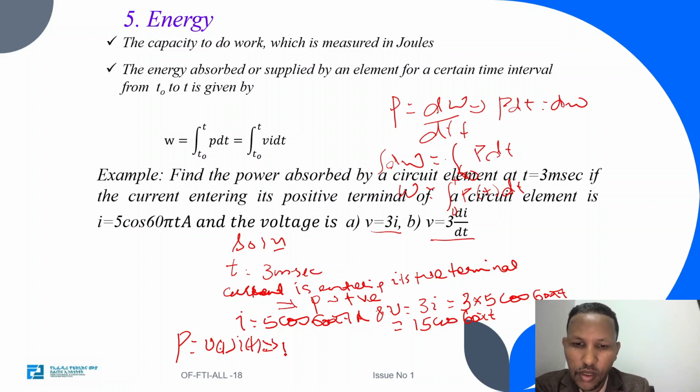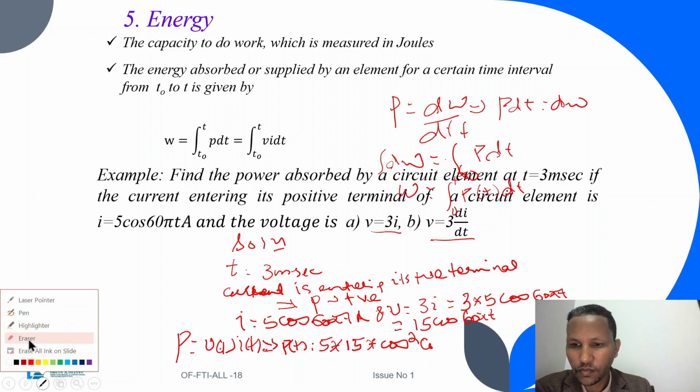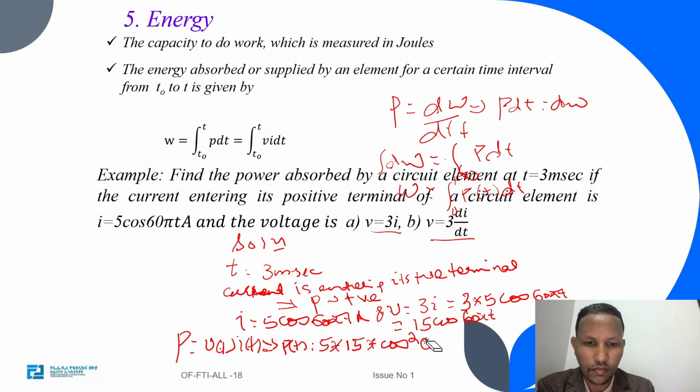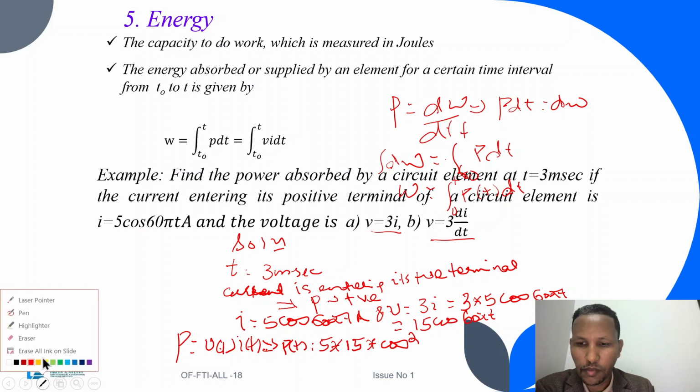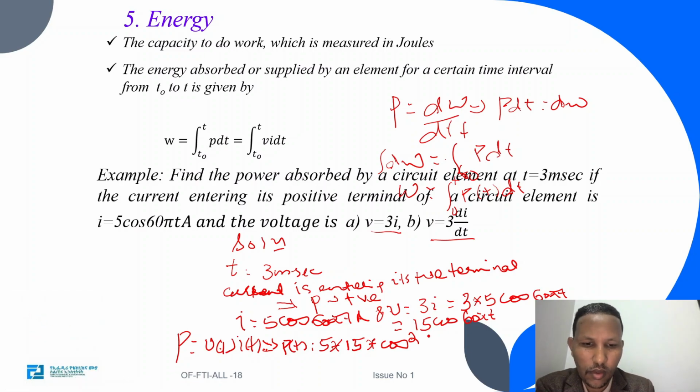From this, p of t is equal to 5 times 15 times cos square 60 pi t. So you have 75 cos square 60 pi t.